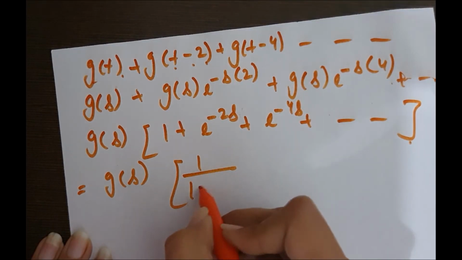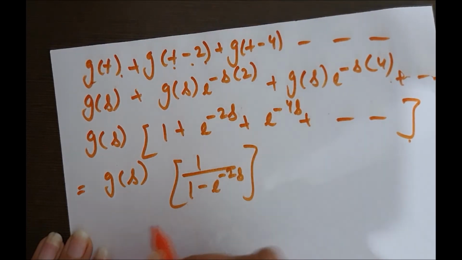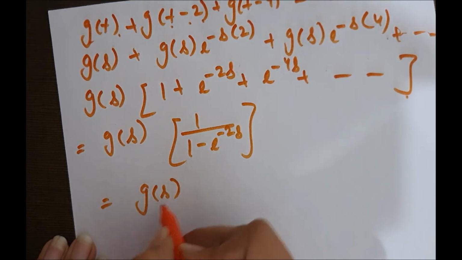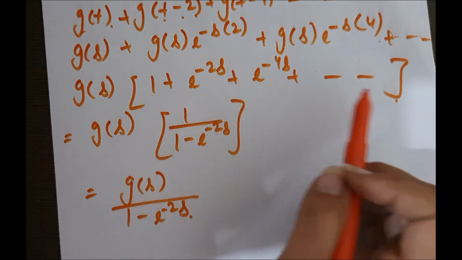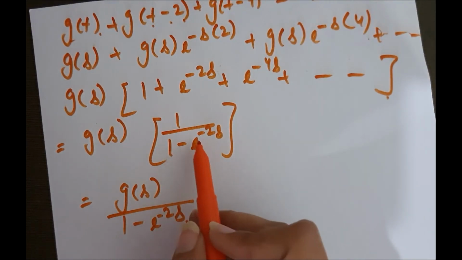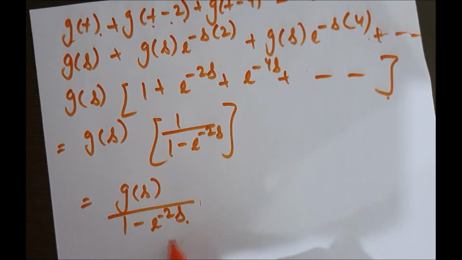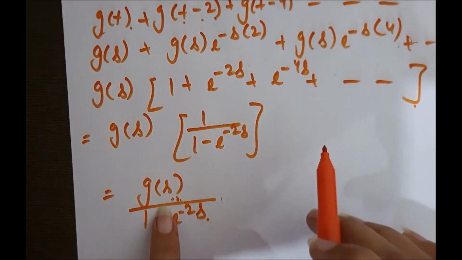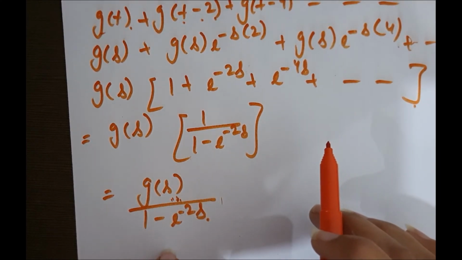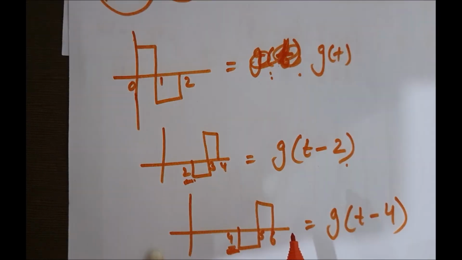Here it will come out to be a geometric series, so it becomes 1 upon 1 minus exponential minus 2s. So its answer will be this. Here we can also find the value of G(s). When I teach you signals and systems, I will tell you how to find the value of this G(s). Here I have taken this example to teach you the time shifting property.